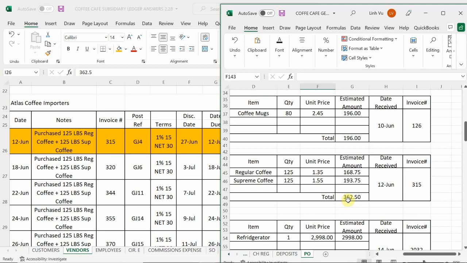What happens when I receive a discount for perpetual inventory? That means I have to separate each one, because discounts, returns, and allowances, they all go into inventory. For this batch of inventory, I didn't purchase them at full price, but I originally recorded them at full price.